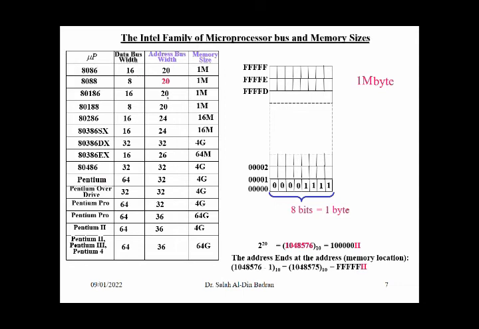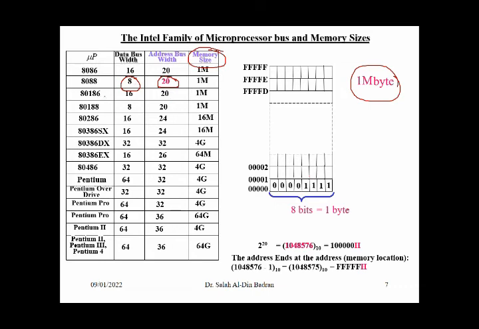And this table gives the details of the address bus size, the data width, and the memory size. So we now understood what memory size is. The memory size, we understand it from the address bus width. 1 megabyte, because the data that will be carried on this address bus is of size 8.